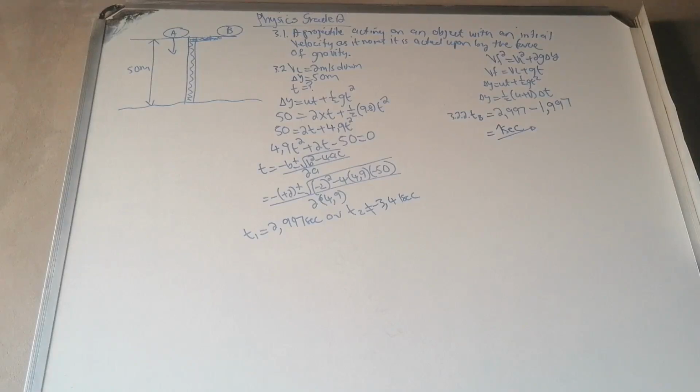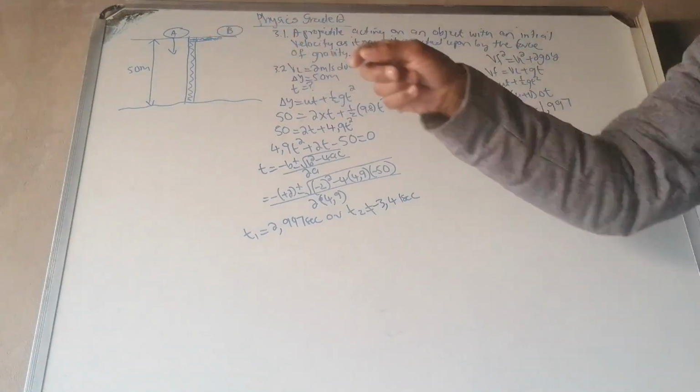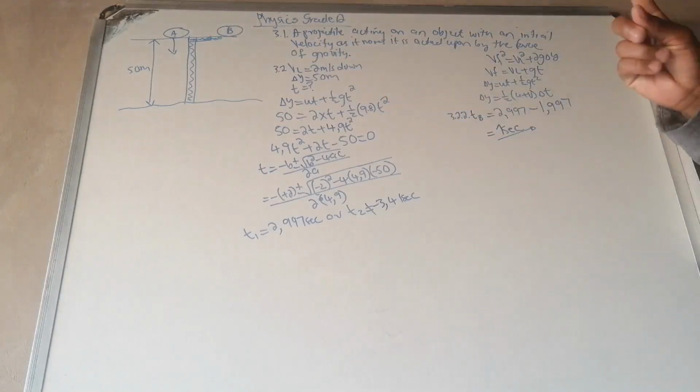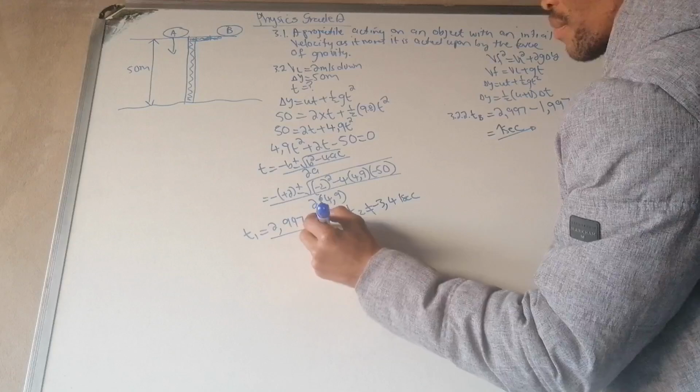Calculate by using the equations of motion the initial velocity, time taken by stone B to hit the water. I know that stone B was released 1 second after stone A was released. Stone A hit the water after this time.